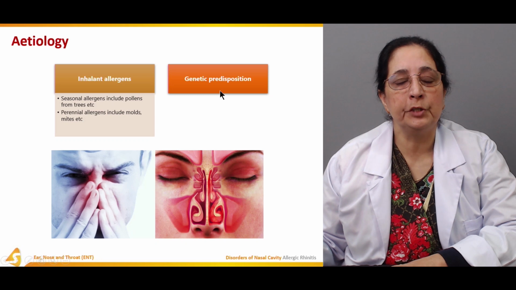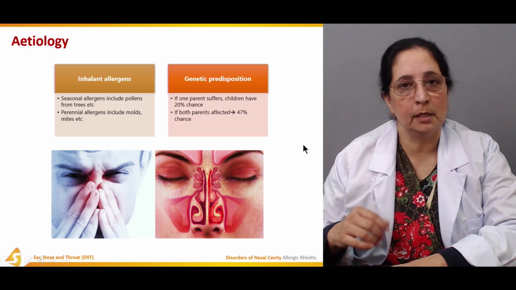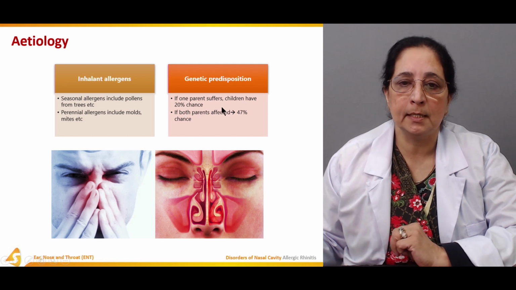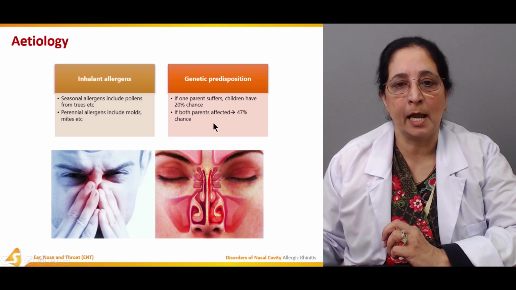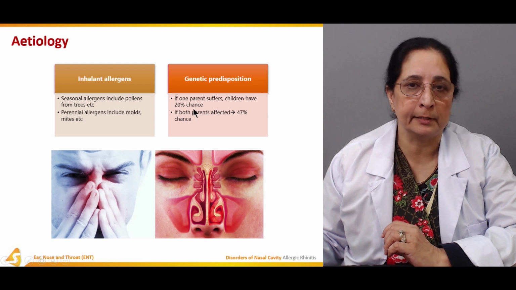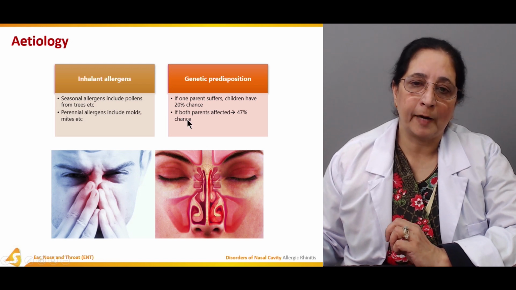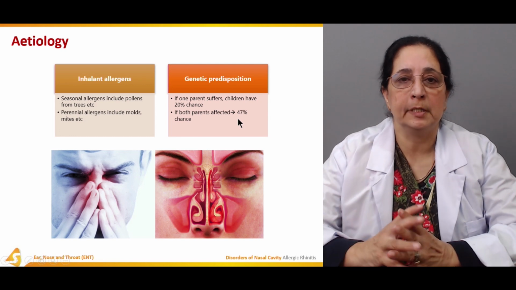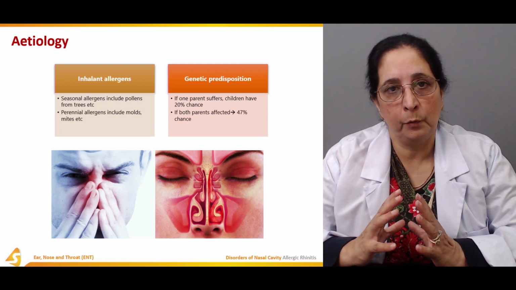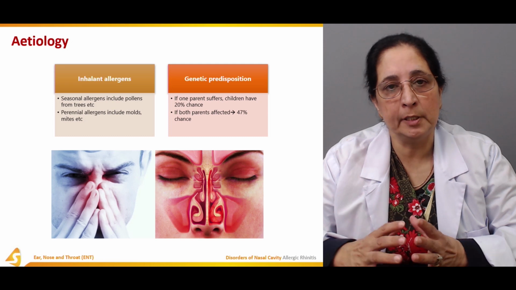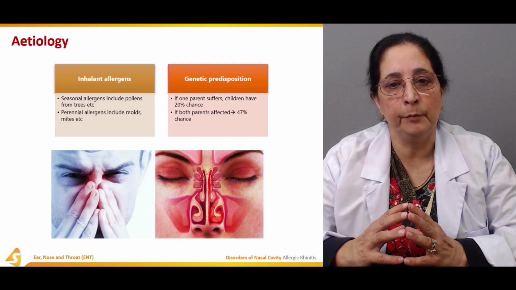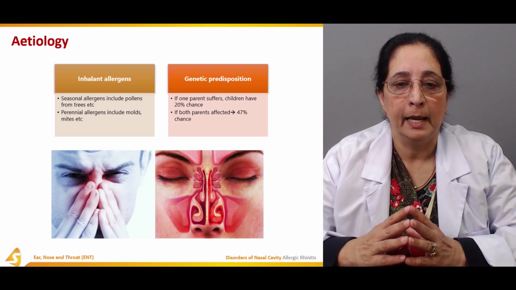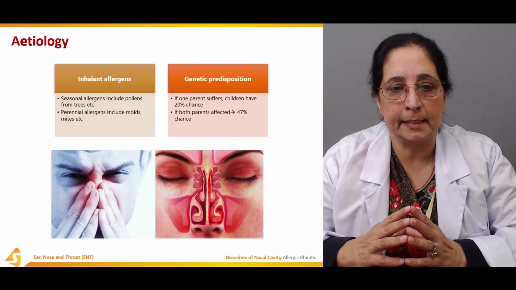Genetic predisposition can also cause allergic rhinitis. If one of the parents is affected, then children have a 20% chance of getting allergic rhinitis. If both parents are affected, then it's a 47% chance.